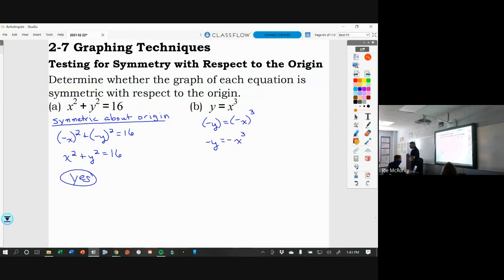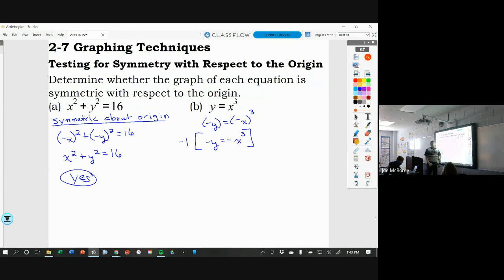Can I simplify further? How? Divide by negative 1, or multiply by negative 1. If I multiply an equation by negative 1, or divide by negative 1, it's not going to change the value of the equation, because I'm doing the same thing to both sides. It might make it look different, but it's the same equation. I like to do it as multiplying.